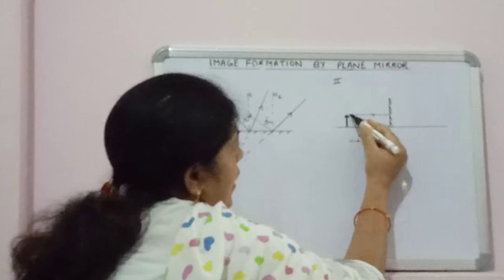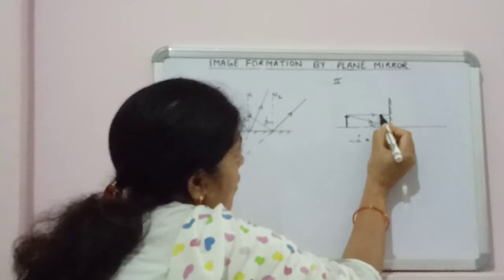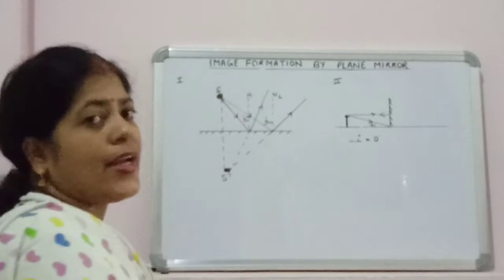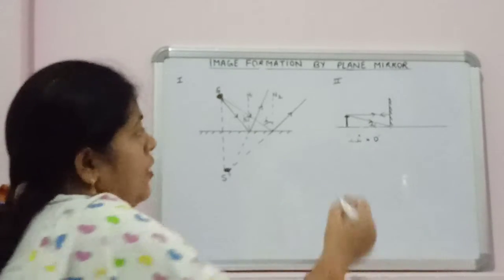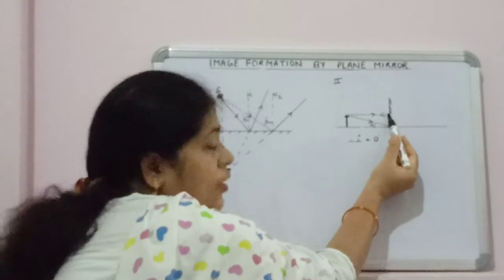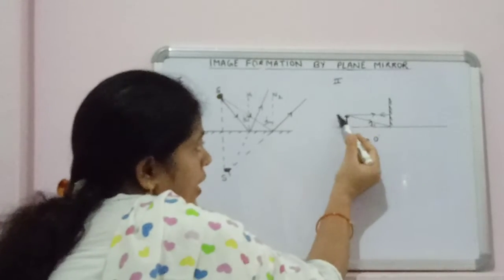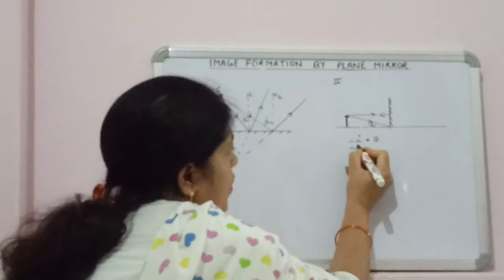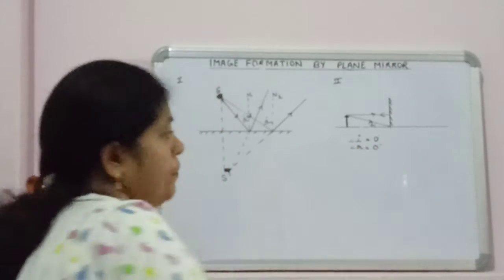So this ray will reflect back in the same direction and retrace its path like this. The ray falls normally on the mirror surface and reflects back in the same direction, so the angle r is also 0 degrees.